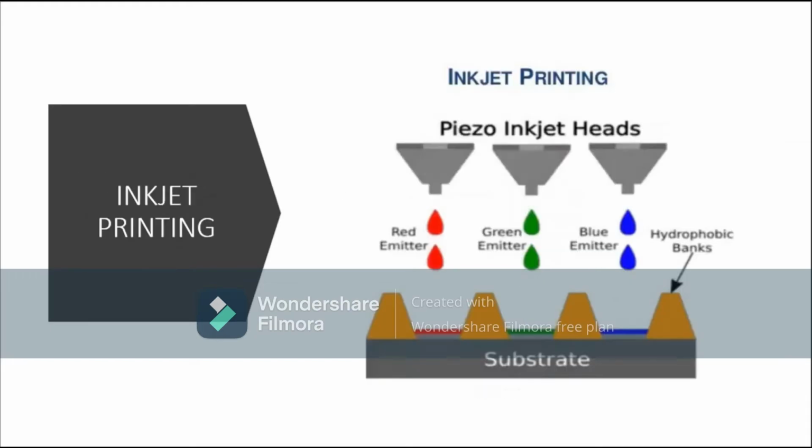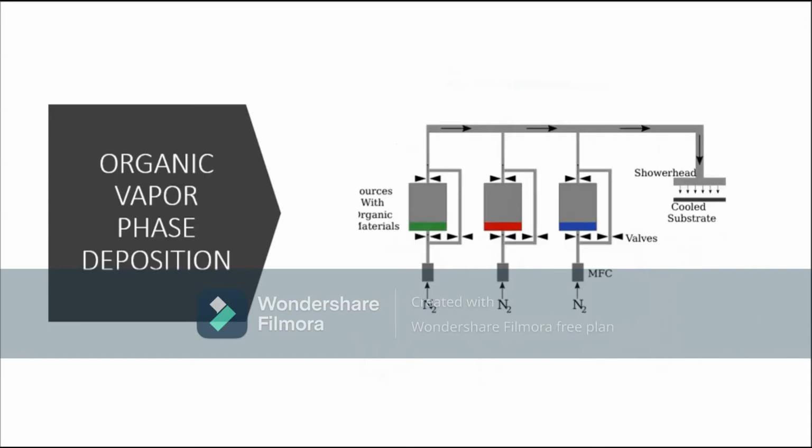Now when we come to inkjet printing, we can see how it works. Here all the colors are being emitted onto these substrates. Now for the third, organic vapor phase deposition, we can see how it works. The materials are going from the wells to the cooled substrate to form the final layer.